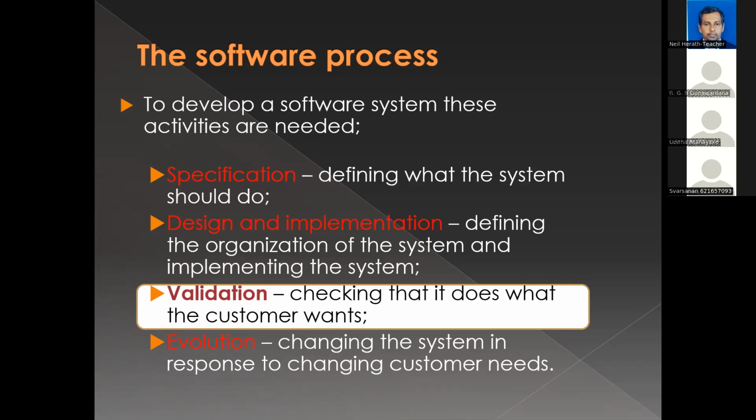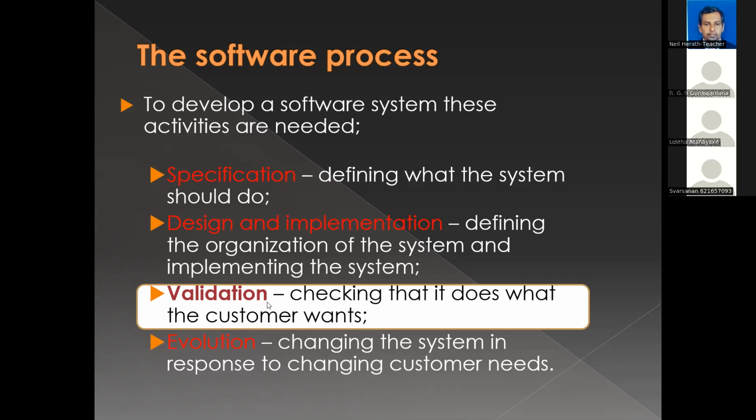Next, the design and implementation. Defining the organization of the system and implementing the system. After that, you would have to do this validation. Validation means checking that your software solution does what the customer wants.